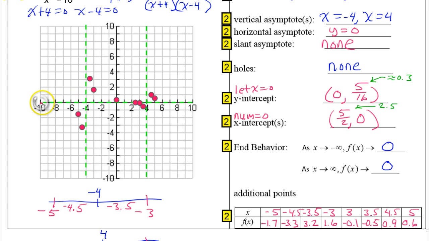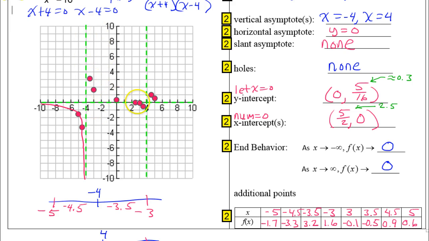It's got to go through these points and then approach the asymptote. So I know that was a little crooked. It's really tough to do this with an electronic pen, and it disappeared anyway. I might have to do this off camera after all because I forgot about how it disappears. So it should look something like that.